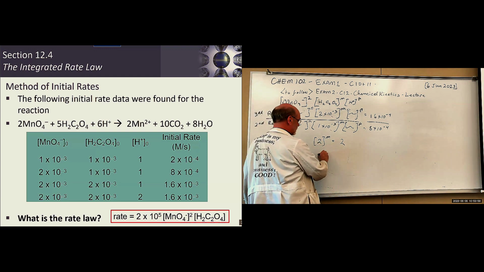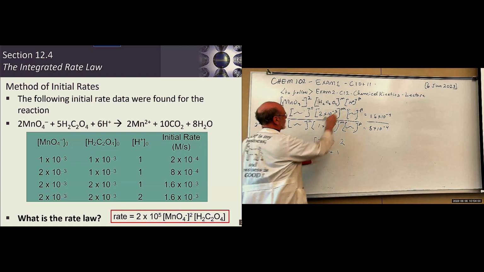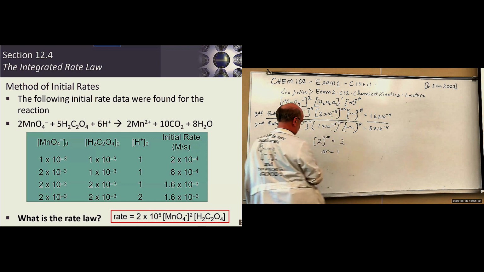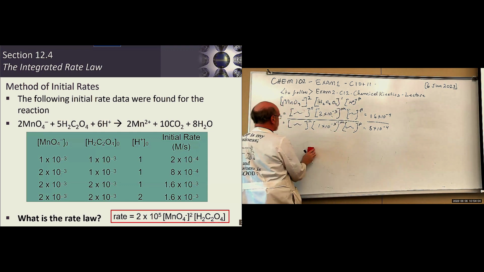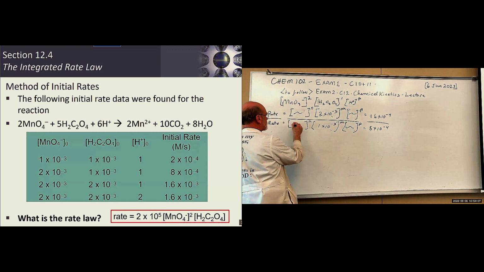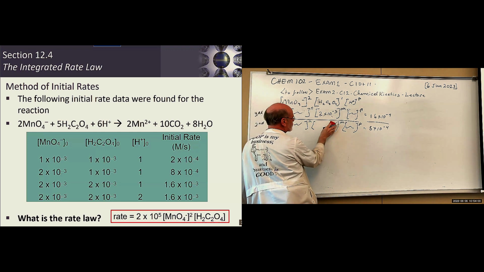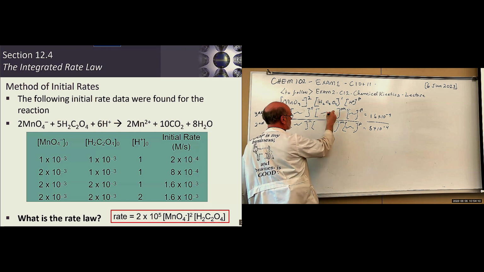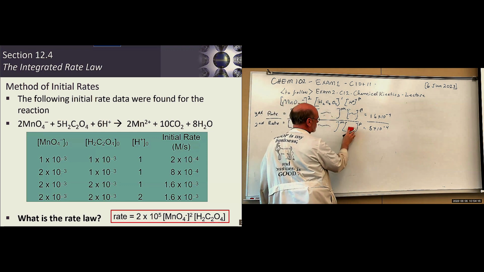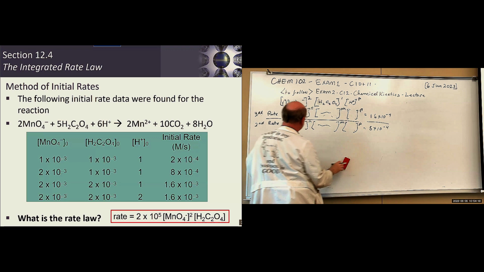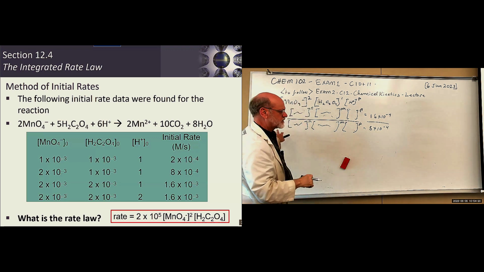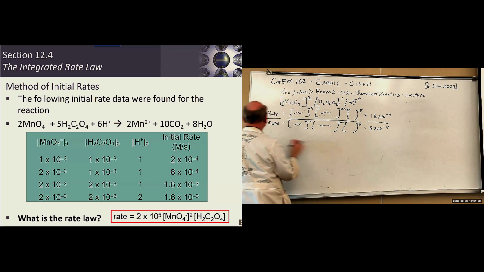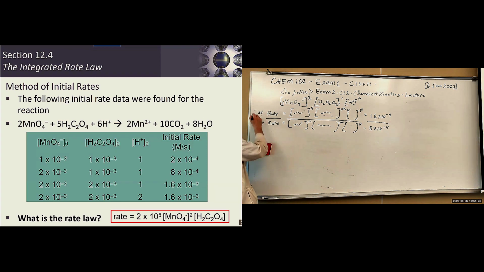So m would be what? 1. Okay, so now we know this one. All right, so this one's going to be held constant. This one's going to be constant. This one's going to change. So for these two constants, which ones are those? 4 and 3, right? The 4th and 3rd.